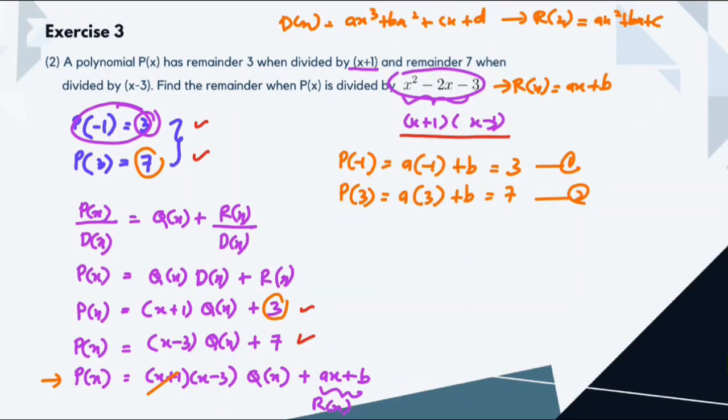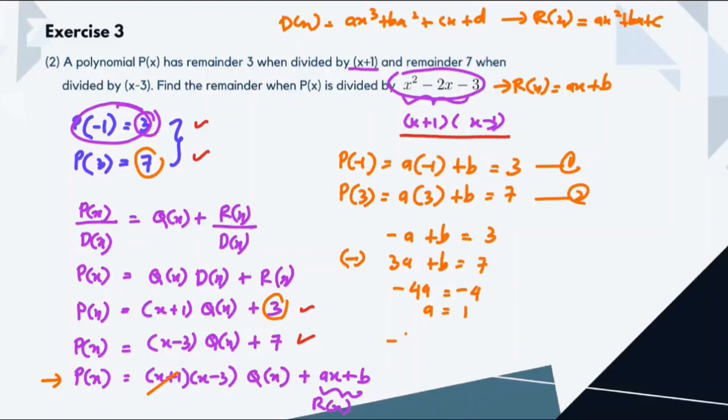We can solve for a and b simultaneously: -a + b = 3 and 3a + b = 7. Using the elimination method, we get -4a = -4, therefore a = 1.